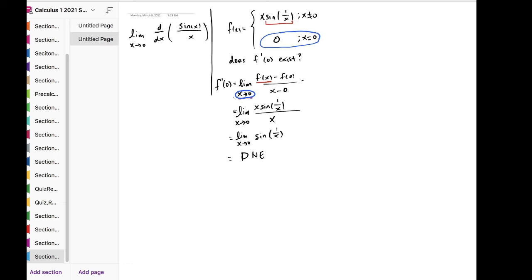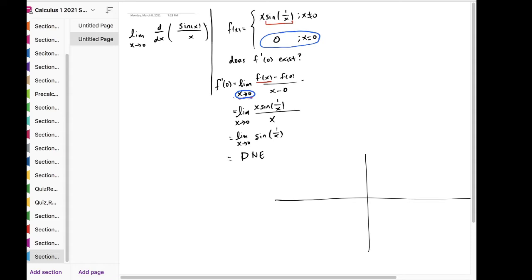So the idea, if you were to sketch this, what is x sine of 1 over x? Well, when we did the squeeze theorem, we saw that it's always bounded by y equals x and y equals negative x.